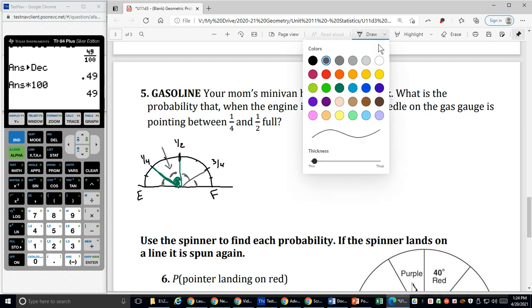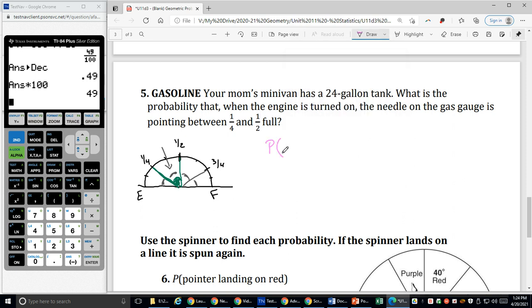So the probability that I land between 1/4 and 1/2 is I'm looking at one section out of 4 sections.